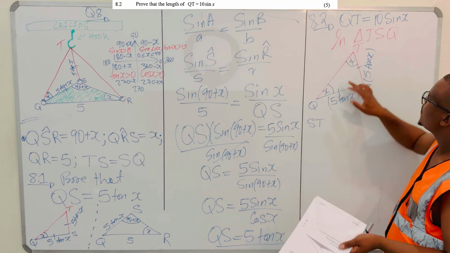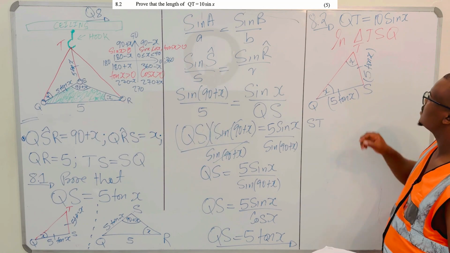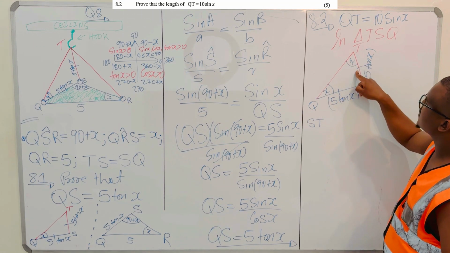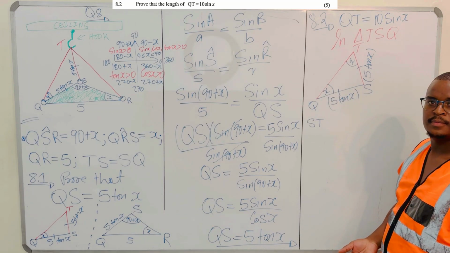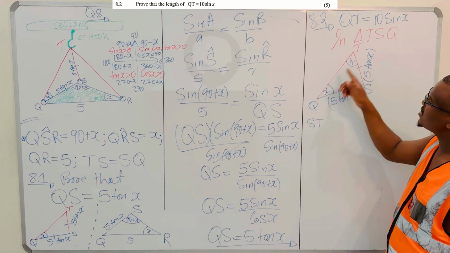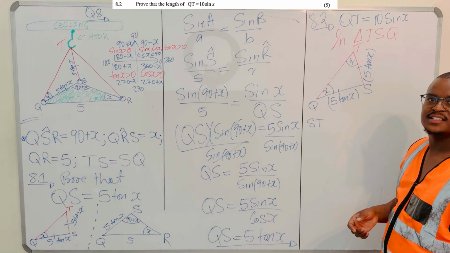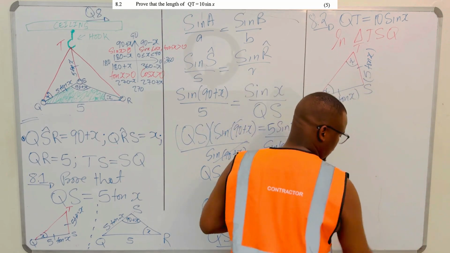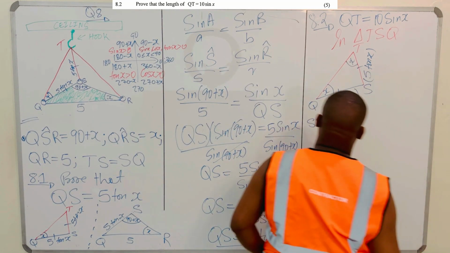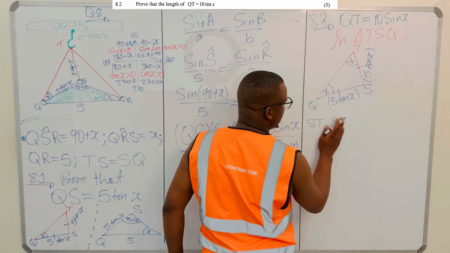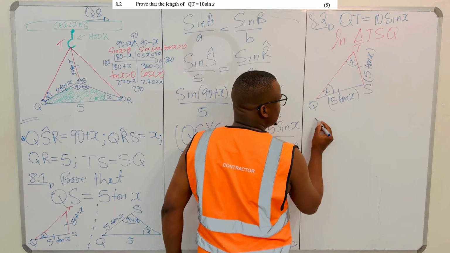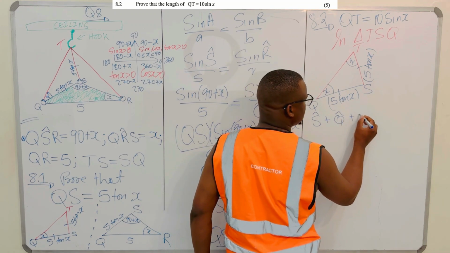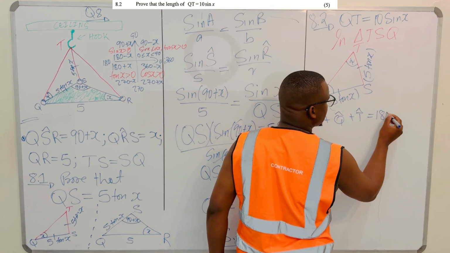Why am I saying this? Because these are angles opposite equal sides. This angle is opposite that side, and this angle is opposite this side, and this side is equal to that side. So this angle should also be the same, right? And the angles of a triangle add up to 180 degrees. So angle S plus angle Q plus angle T should all add up to 180 degrees.